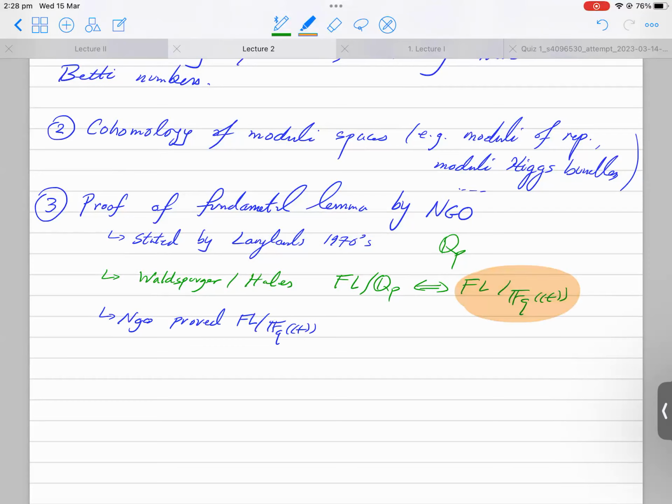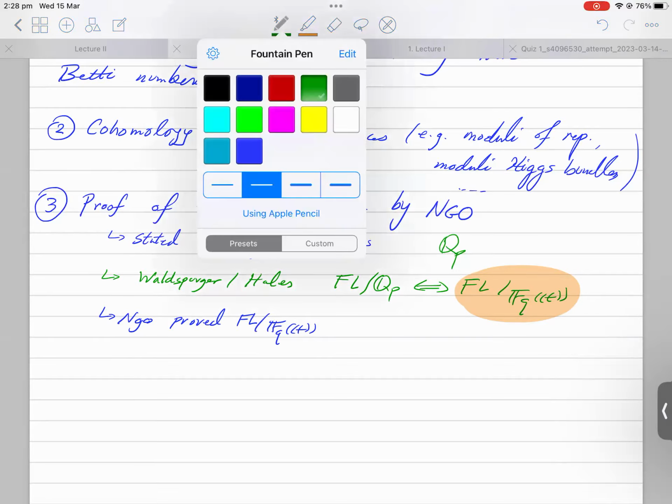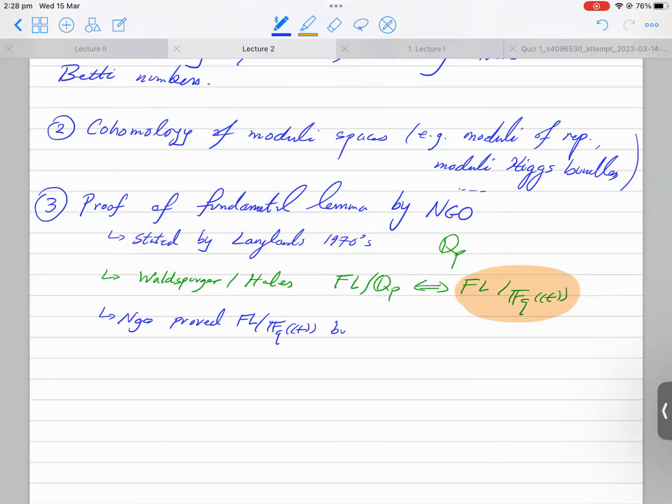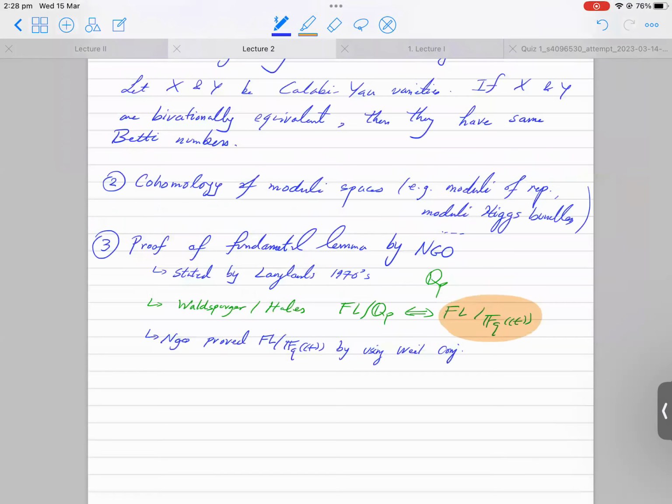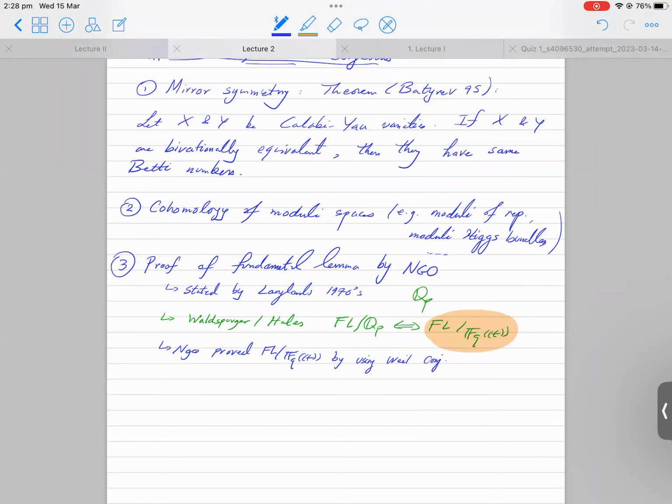And Ngo proved the statement about the cohomology, or rather a slightly weaker but sufficient statement, by counting points over F_p and using the Weil conjecture. So that's another amazing application of the Weil conjectures.